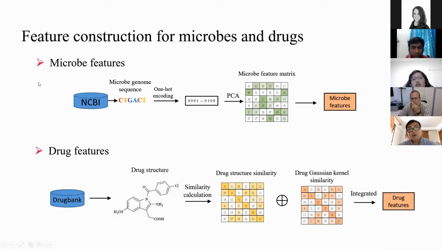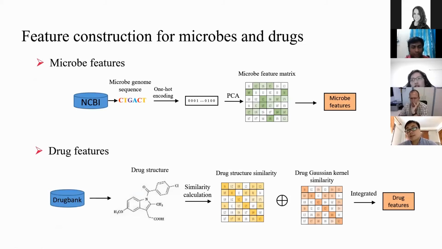In this work, we use different biological data to construct rich features for microbes and drugs. For microbes, we first download microbe genome sequence from NCBI database, and then use one-hot encoding to encode the genome sequence. As a result, we can obtain the original feature matrix.